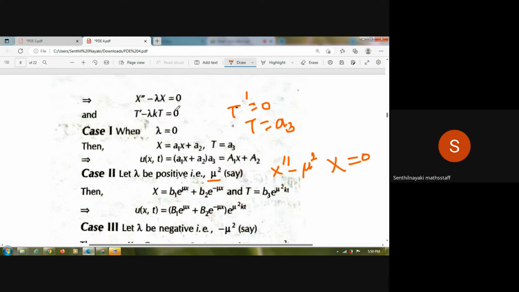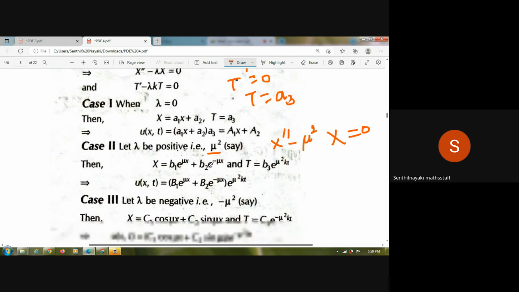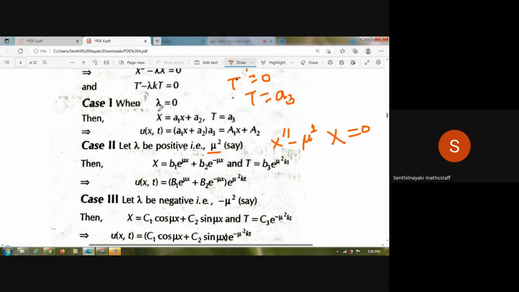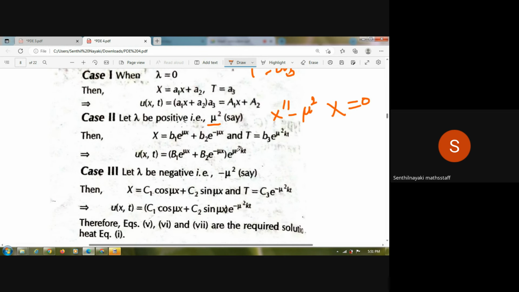But in the second equation, we have t dash equal to mu square k into t. Therefore, the auxiliary equation is m minus mu square k equal to 0, so it can be written as t equal to b3 e power mu square k t. Therefore, the solution is u equal to x into t.